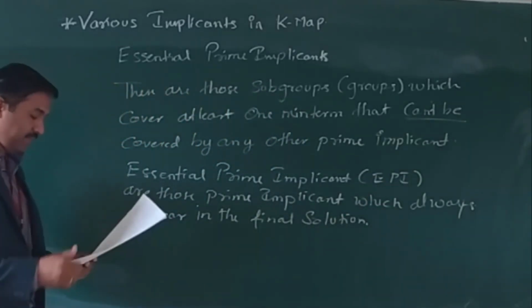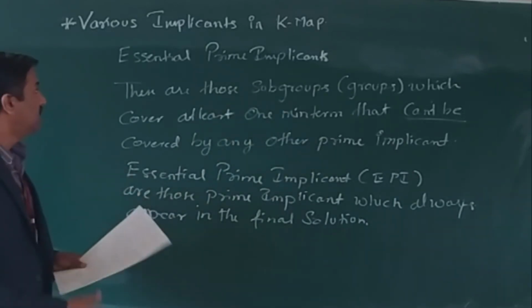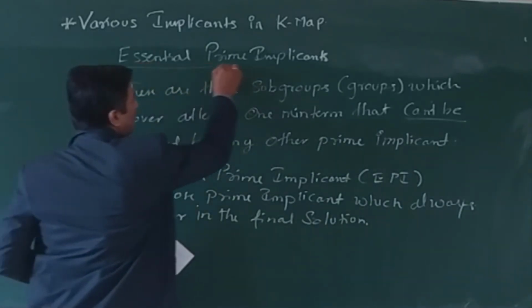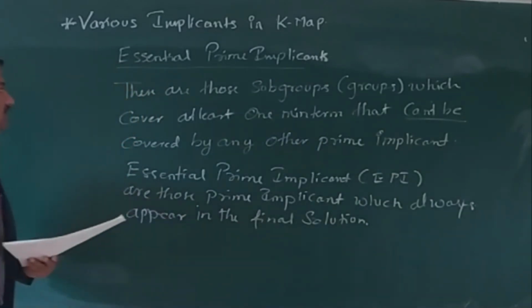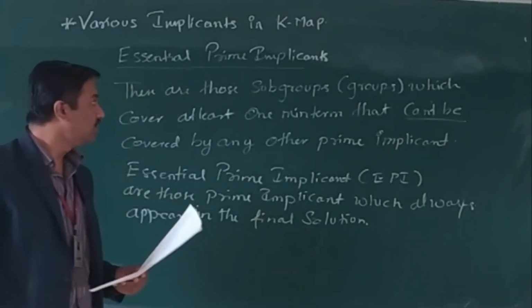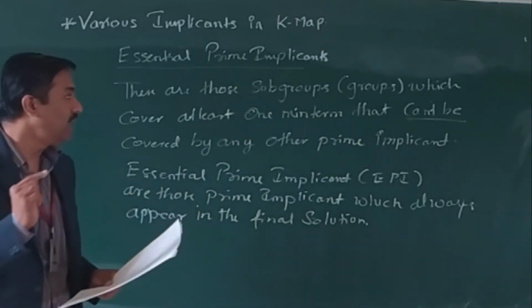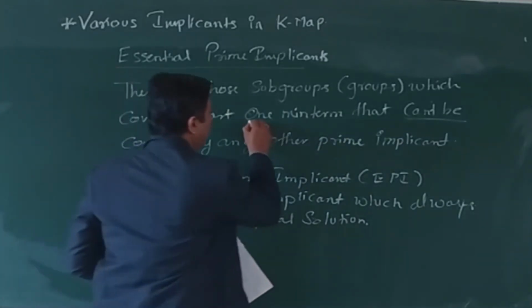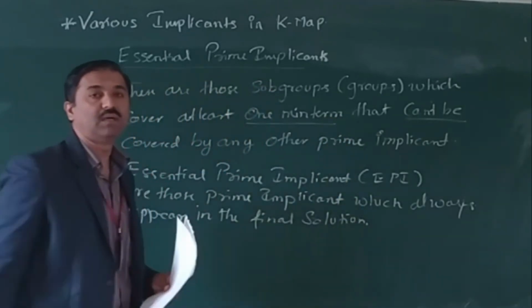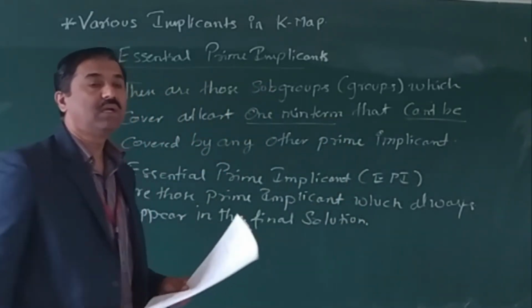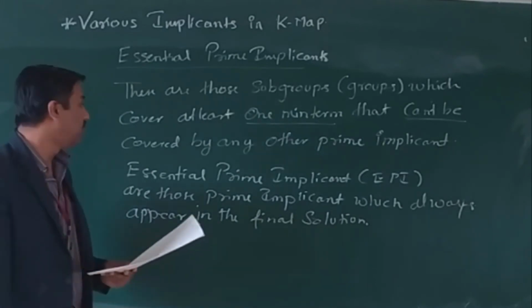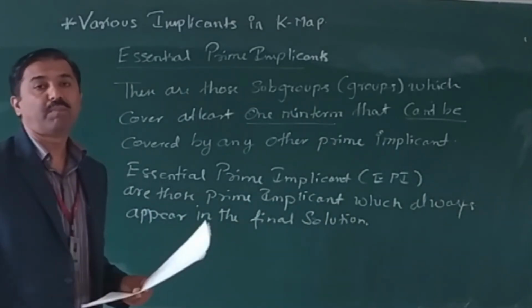So what does it say? The essential prime implicants are those subgroups which cover at least one min term that cannot be covered by any other prime implicant.